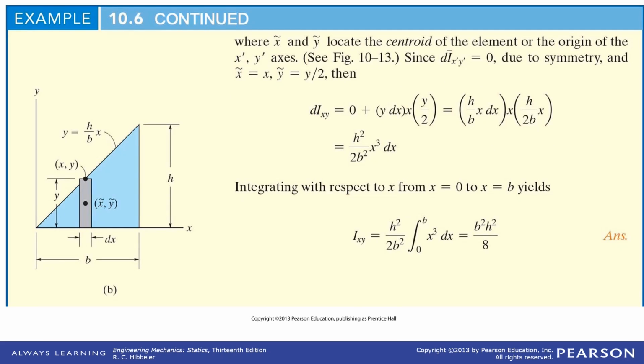Okay, the way we need to analyze this is we're going to be integrating from x equals 0 to b. There's the integral right there. And we'll take this rectangular element, height y, width dx, and the product moment of inertia about the center of mass of this element is going to be 0 because it's symmetric.